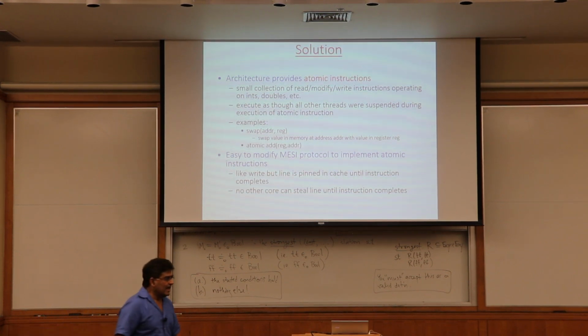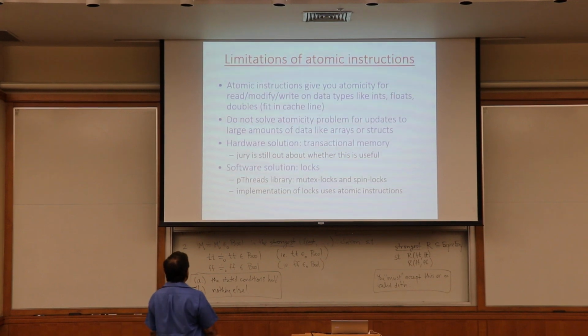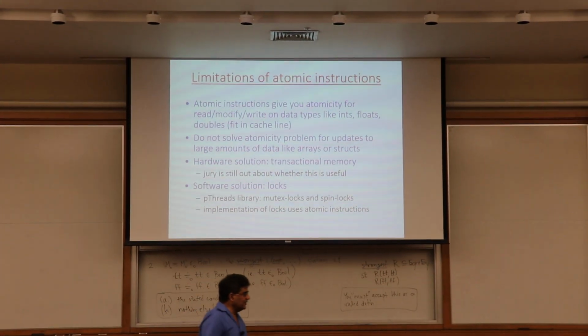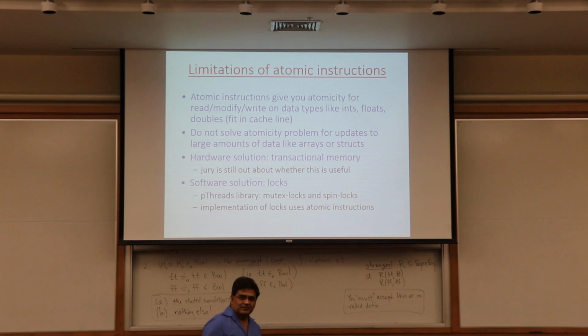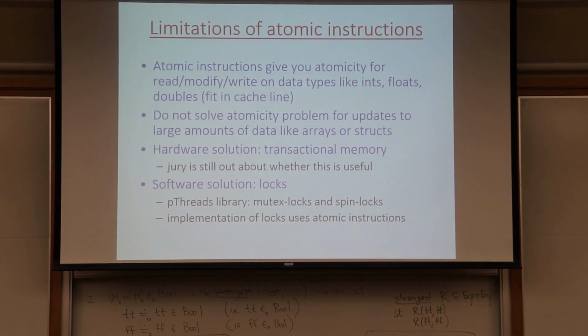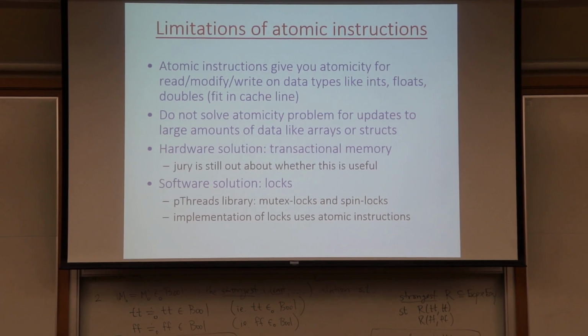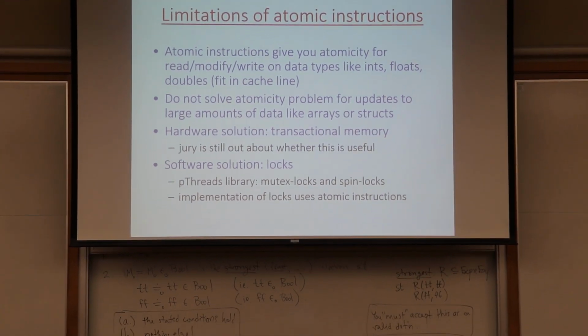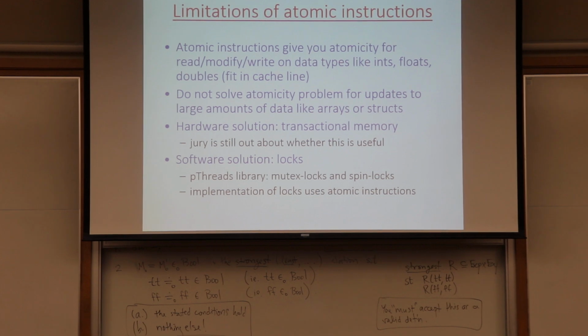Okay. Good. All right. Now here's a limitation of atomic instructions. If you think about this implementation that I told you for atomic instructions, you realize if you want to do an atomic read-modify-write on a piece of data that's larger than a cache line, well, then you're going to have a problem because I can't quite pin down a whole chunk of memory.